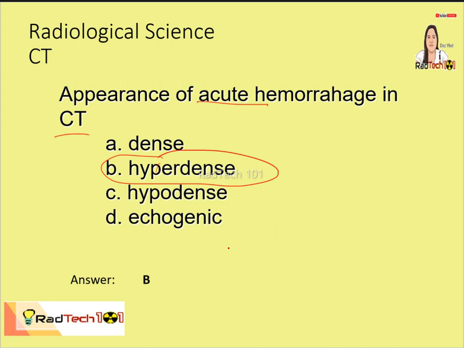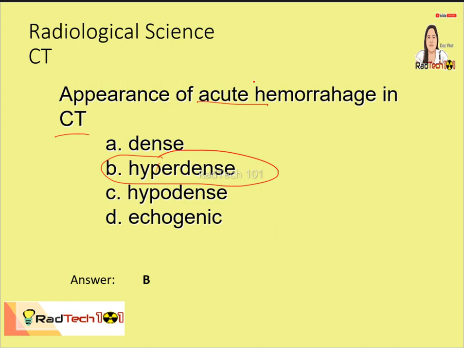In CT scan, we use hyperdense, hypodense, isodense. In MRI, we use hyperintense, hypointense, isointense. In X-ray, radiopaque and radiolucent.